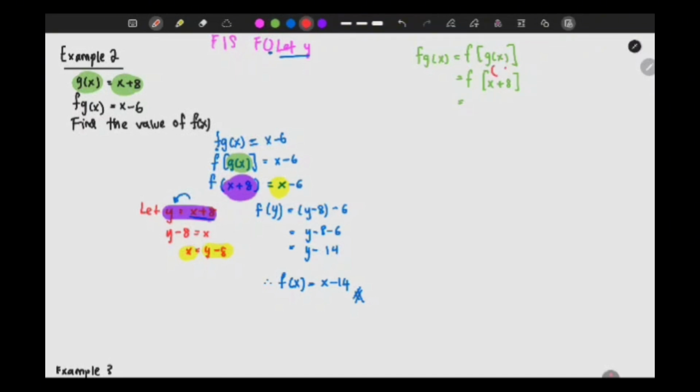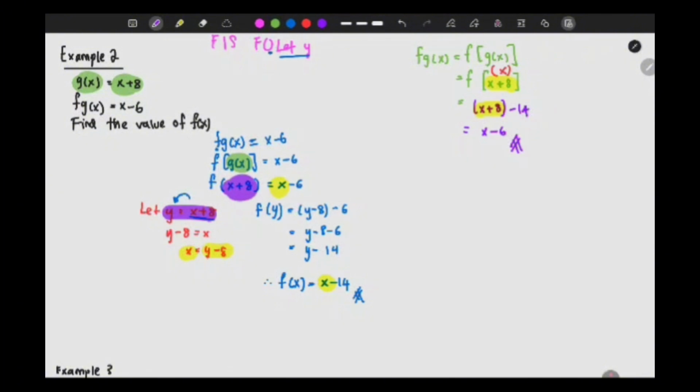It's x minus 14. But now your x is no longer x, it's x plus 8. So replace your x with x plus 8, and don't forget to minus the 14. And you minus 14 now, don't forget that. So 8 minus 14 is actually negative 6. Ta-da, that's it. It's not difficult, right? Let's move on to the next.